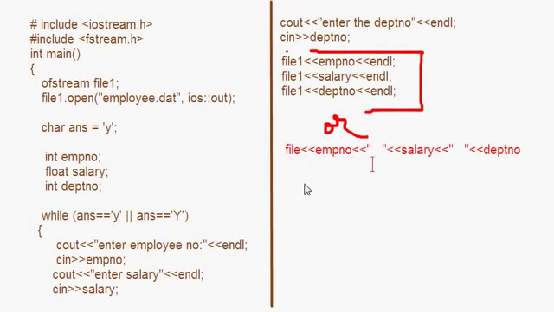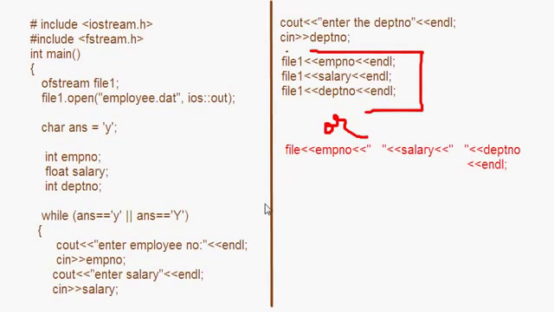I'm putting it in the next line here. If we use the second case, the data for one employee will be written in one line, and then it comes to the next line. Otherwise, this will write the emp number, then on the next line the salary, then the department number.